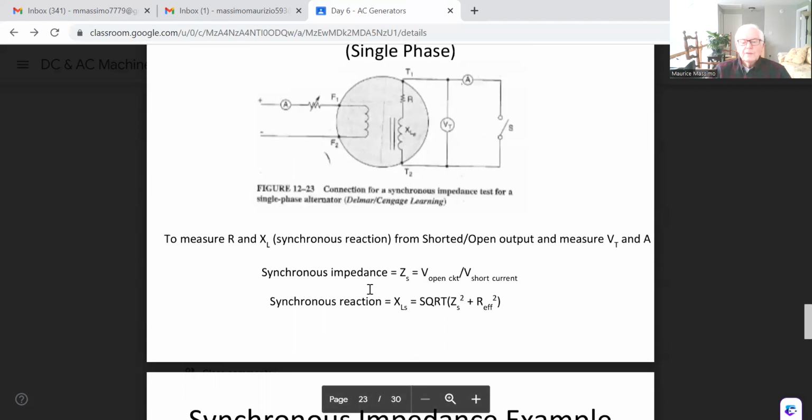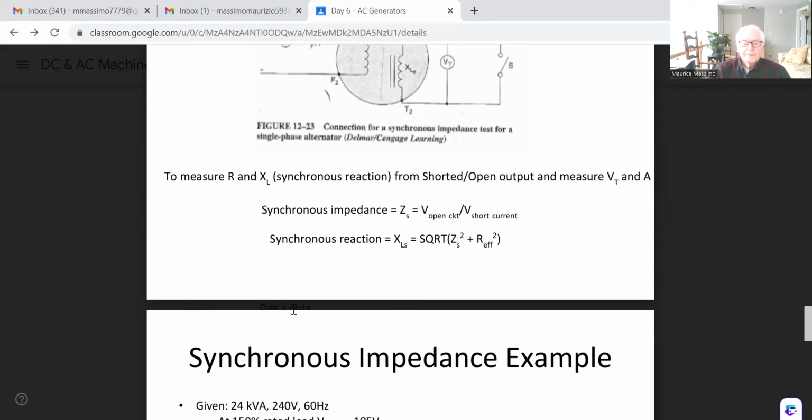So synchronous impedance is going to be the open circuit voltage divided by the short circuit current, and the reaction is given by the square root of Z squared plus R squared, simply.